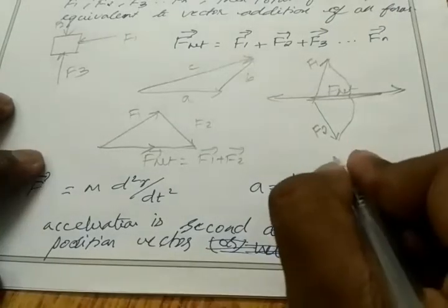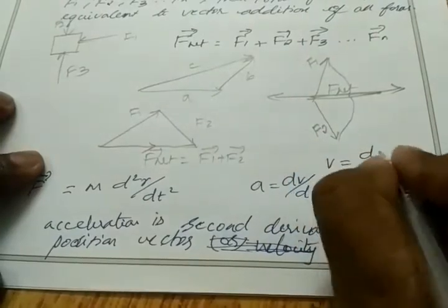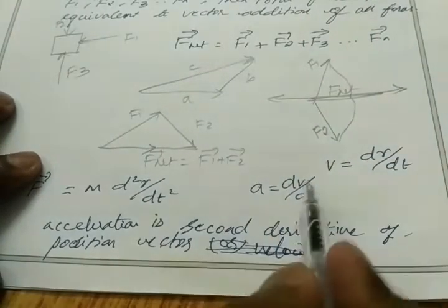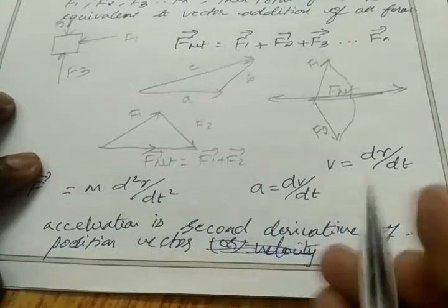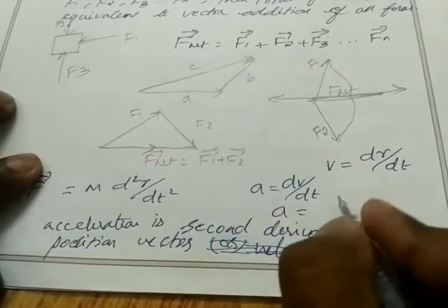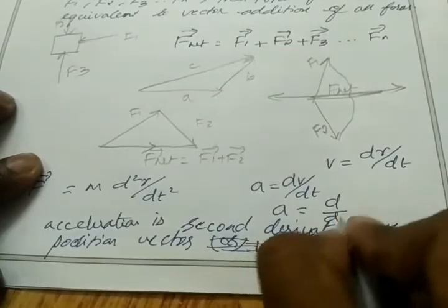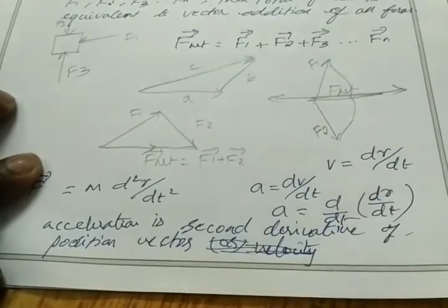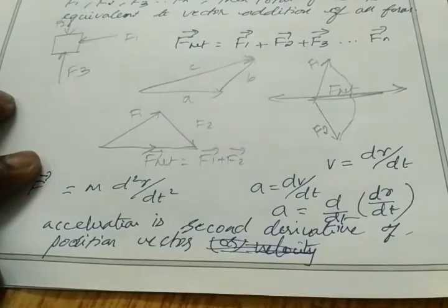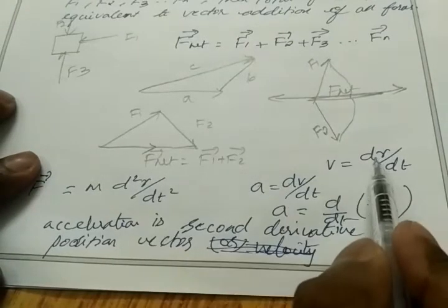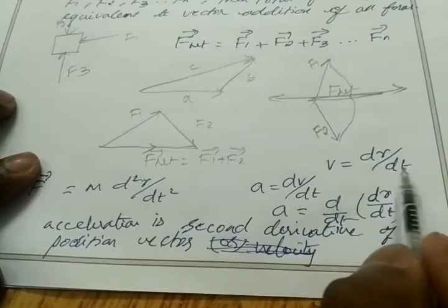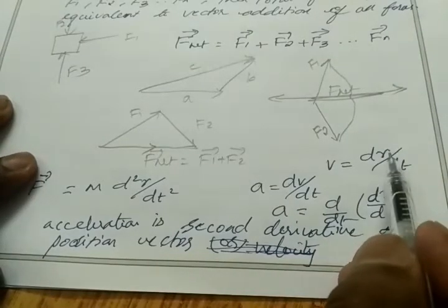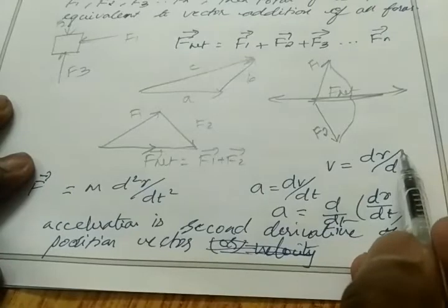What is velocity? Velocity means displacement with respect to time, right? So instead of velocity, we can apply a equal to d by dt of dr by dt. Velocity means change in displacement with respect to time. Here we take displacement as r; in some cases we take x, or we can take s, whatever we want.